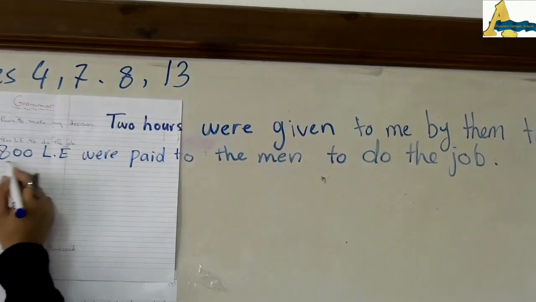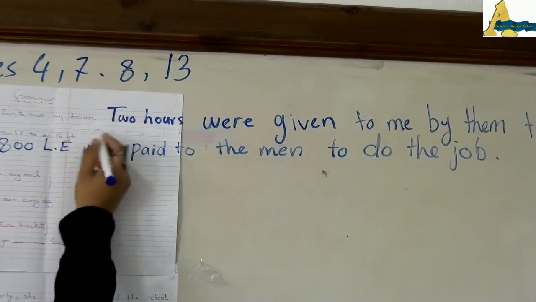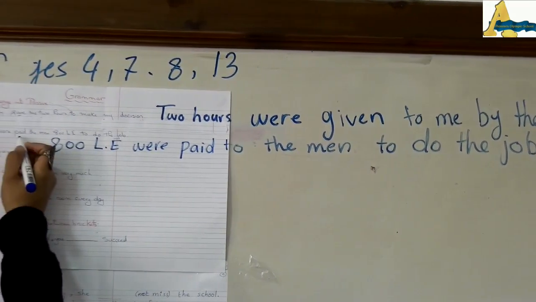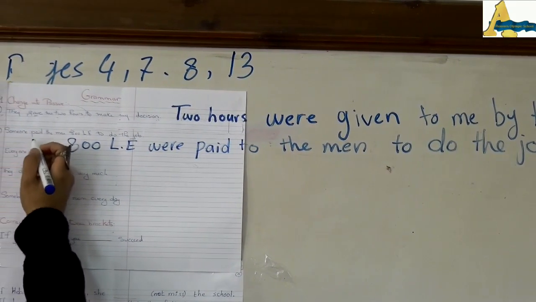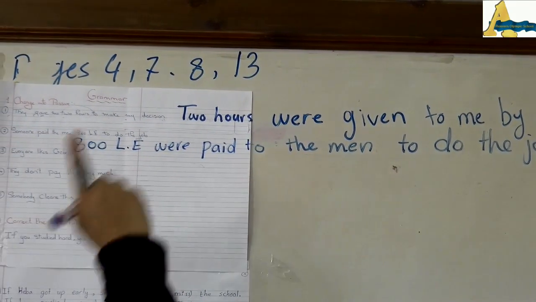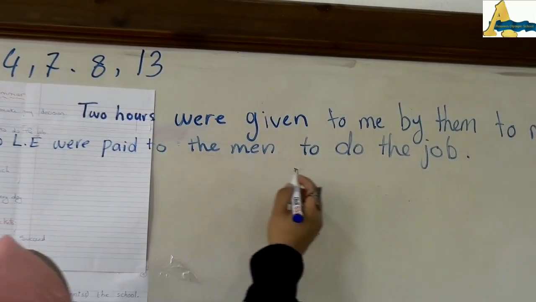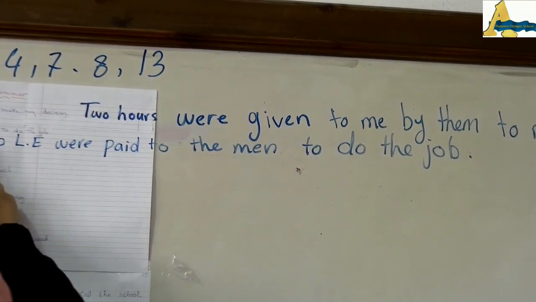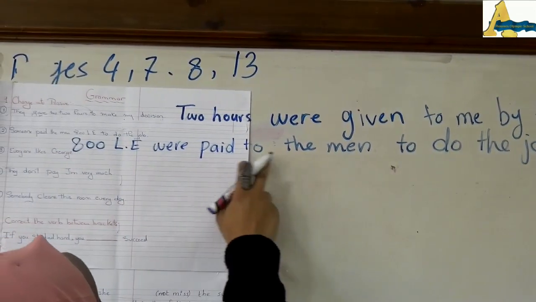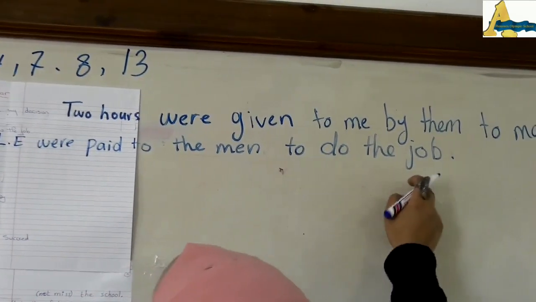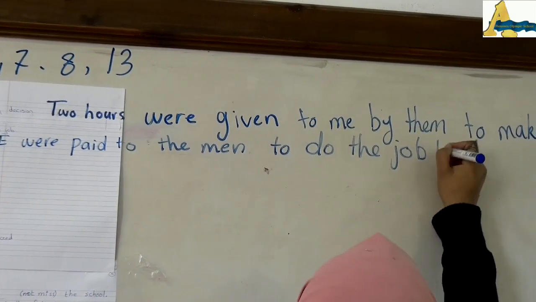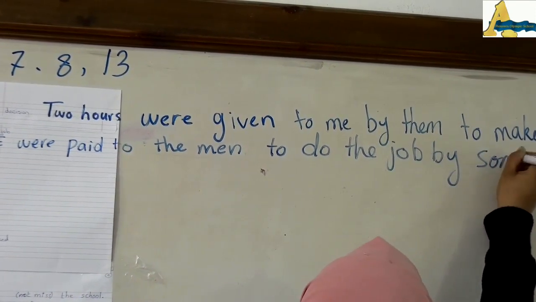We started with the object and then we put verb to be according to the main verb, according to the tense of the verb, and then we finished the sentence. So 800 LE were paid to the men to do the job by someone.